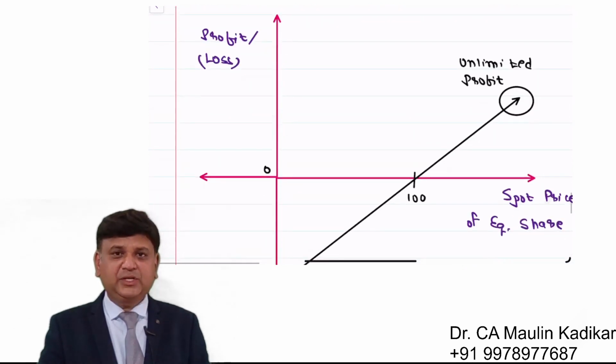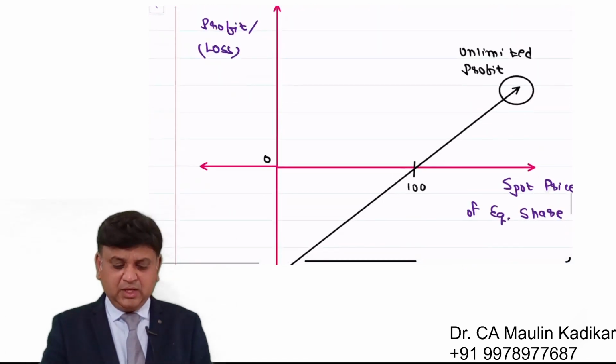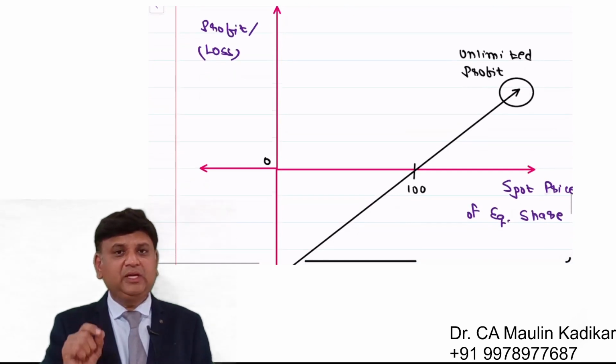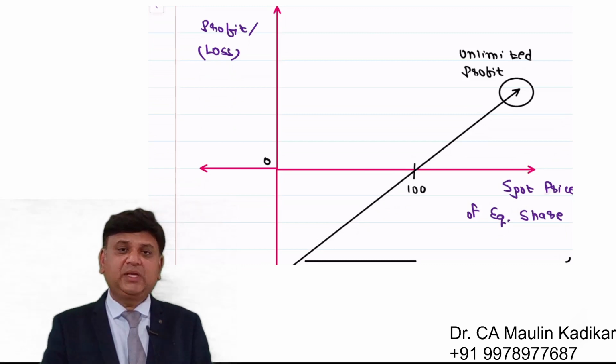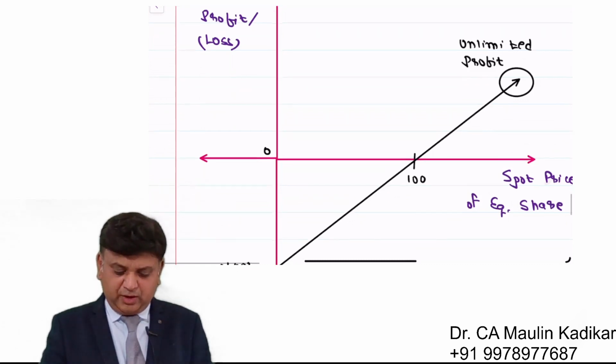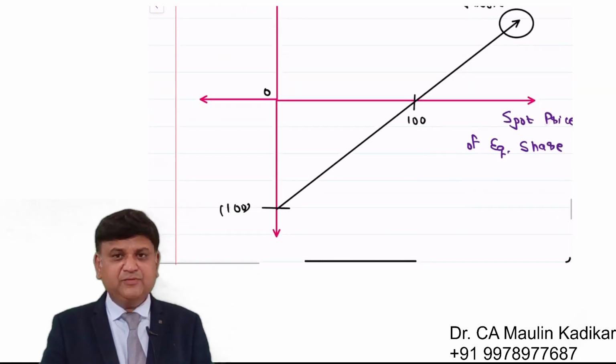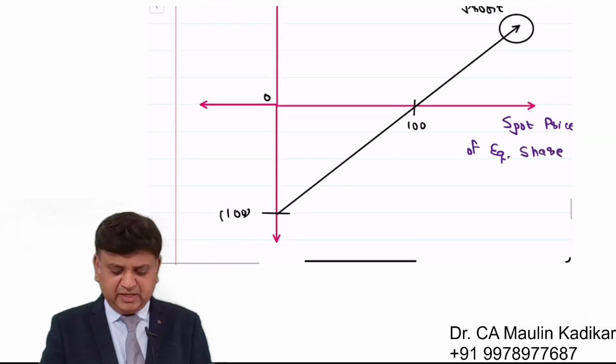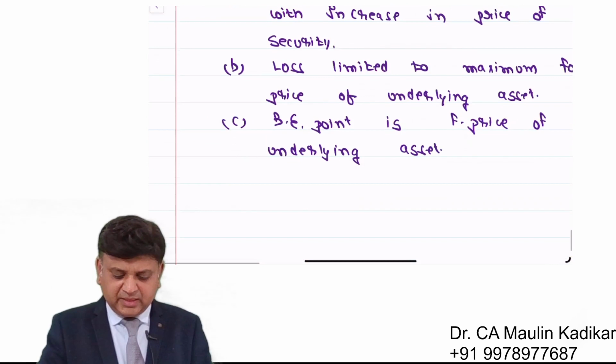The forward buyer has a potential of unlimited profit. Very importantly, as a student, you need to understand that the forward buyer is bullish. He is expecting that the price of the underlying asset will go up. If the prices are falling down, unfortunately, the forward buyer will incur a loss. That is what we understand.